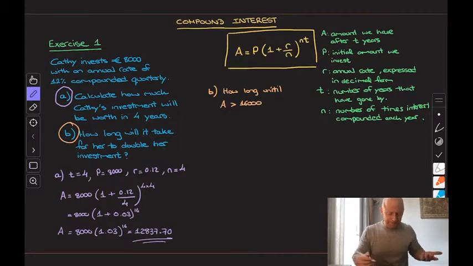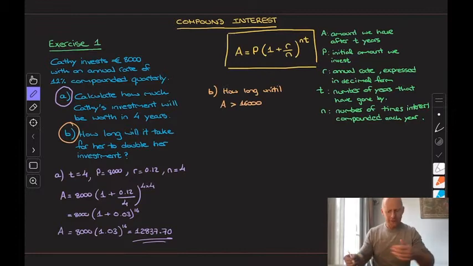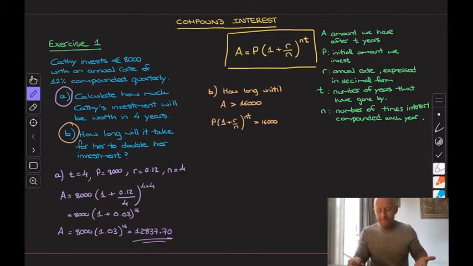But now, we have an expression for A. It's the entire right-hand side of this formula here. So basically what we're trying to solve here is, okay, when will P times 1 plus R over N raised to the power of NT be greater than 16,000? Yeah.